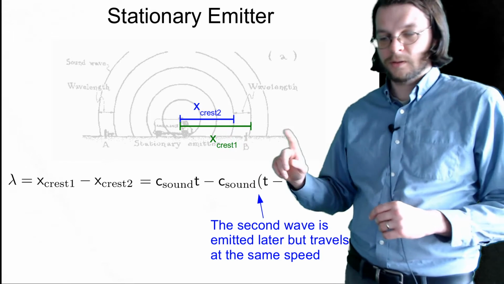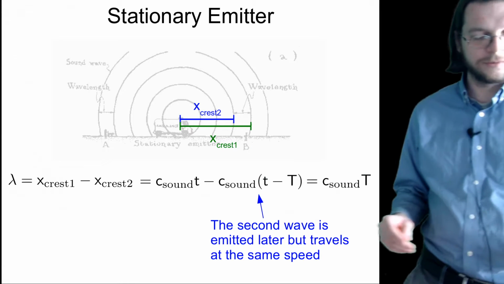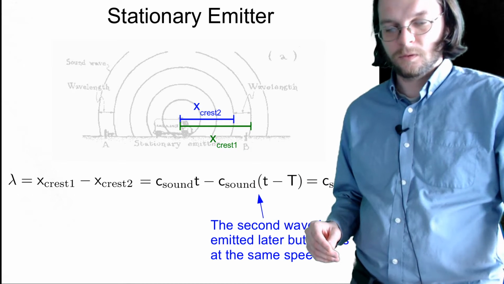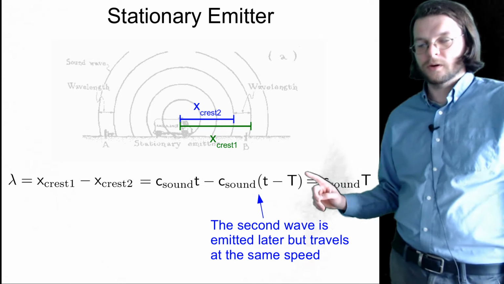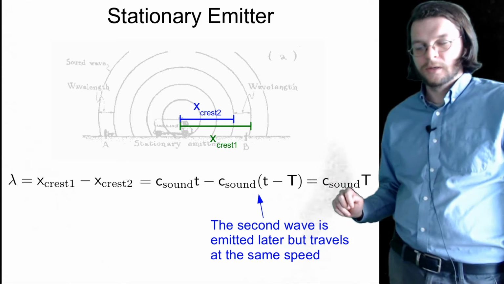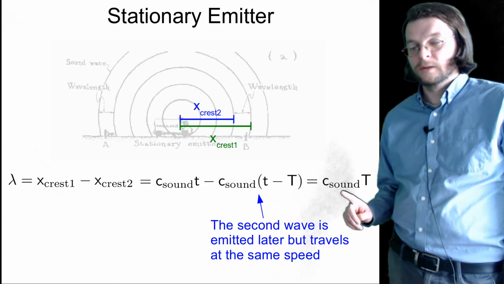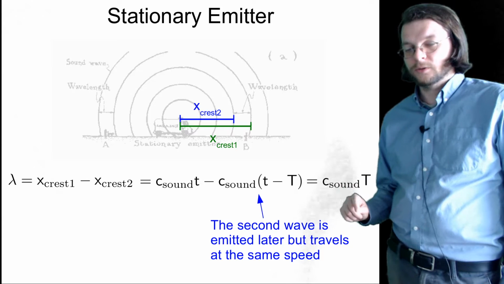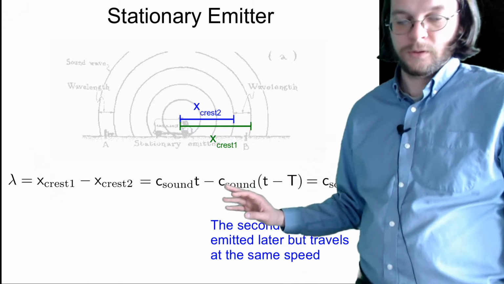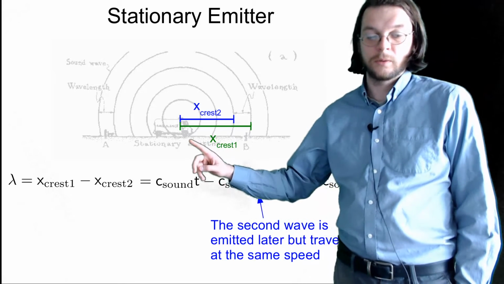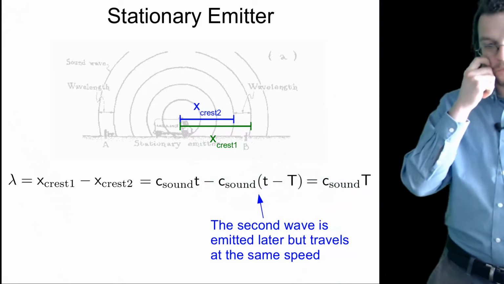And so the wavelength here is related to the speed of sound and the period of the wave, which maybe isn't so surprising, right? Because we learned before that the frequency times the wavelength equals the speed that the wave is moving, right? And so that's certainly true here. But I just wanted to spell this out so that a second from now, when we let the ambulance move forward, we can incorporate that.